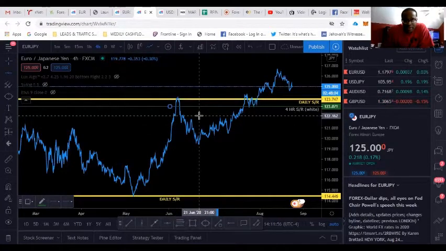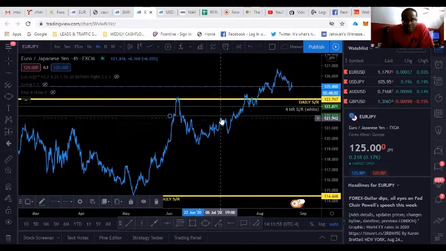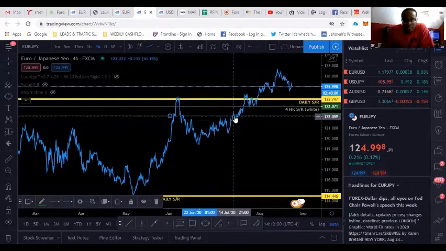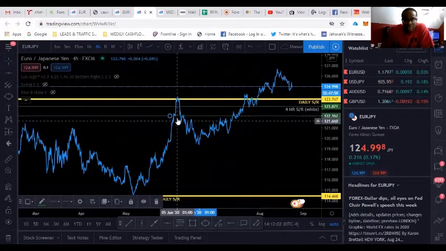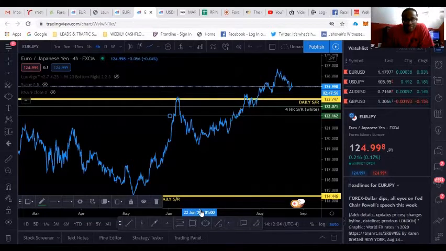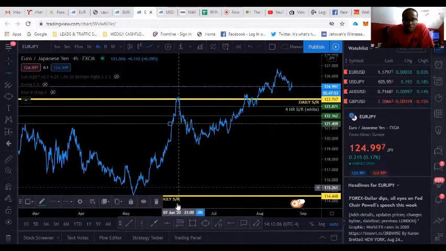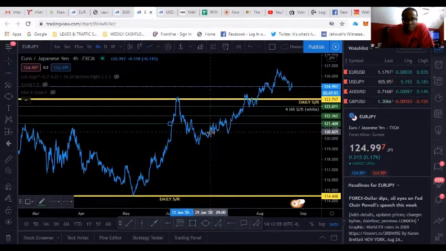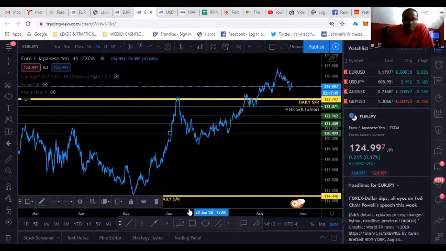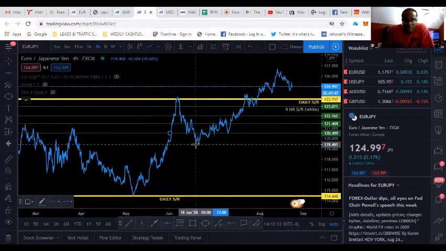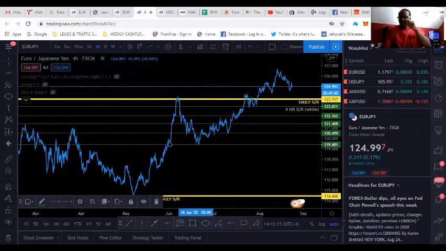Then I'm going to put it right here, because then you see that there's resistance here, some resistance here, then there's some support right here, and so on and so forth. So I'm just going to graph this out very quickly. This is what's going to help you to identify market structure, and is very important.